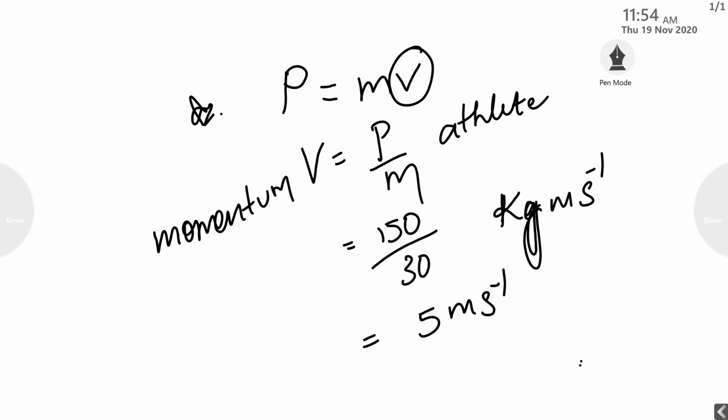State the law of conservation of momentum.